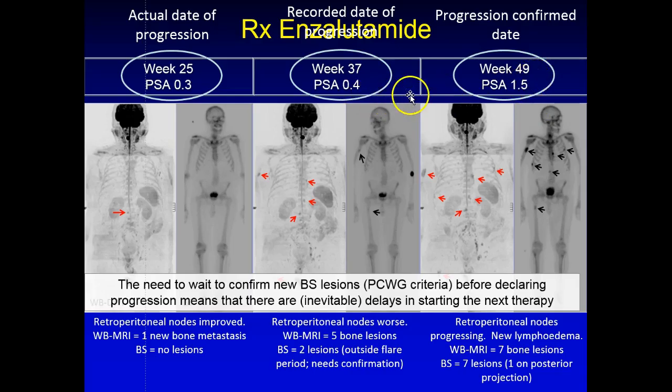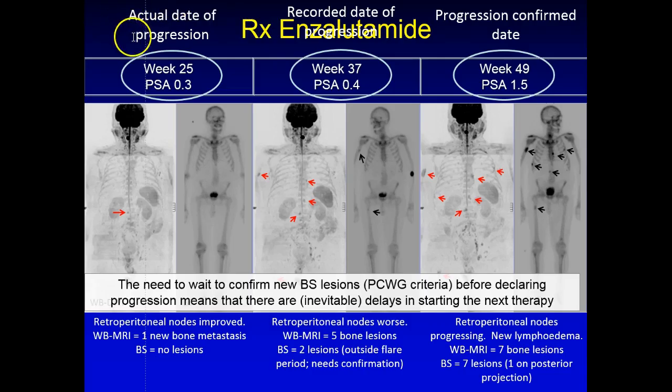You can see the PSA at last increases. We see not only do we confirm those 2 lesions, but we actually see many more lesions. So this is the point at which the patient is said to have progressed. At week 49, the patient is confirmed to be in progression.